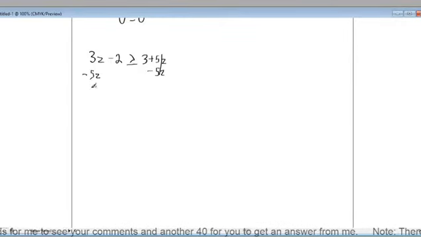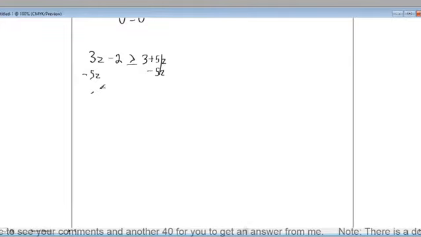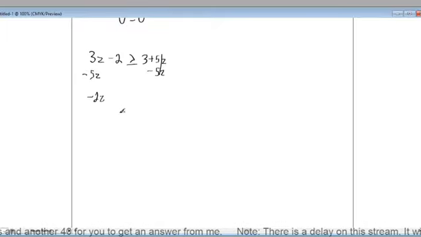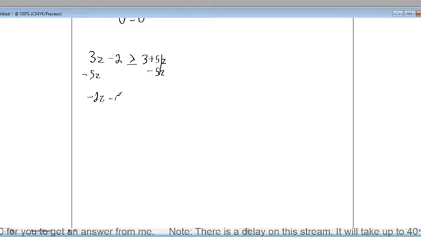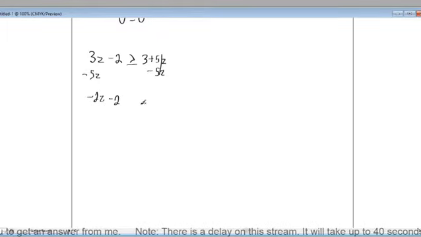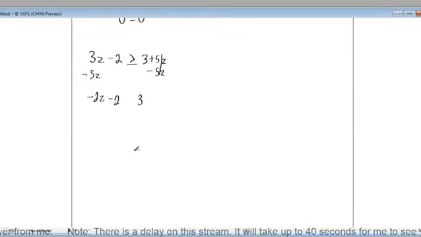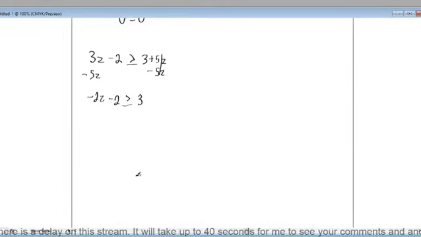Cancels on this side, gives me negative 2z on this side. Then this negative 2 drops down, and 3 drops down. Okay, so we haven't multiplied or divided by negative yet, so I can keep this inequality same direction.